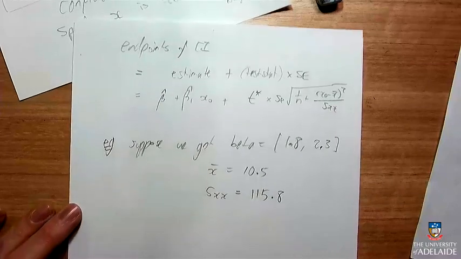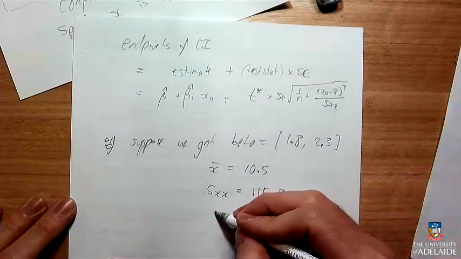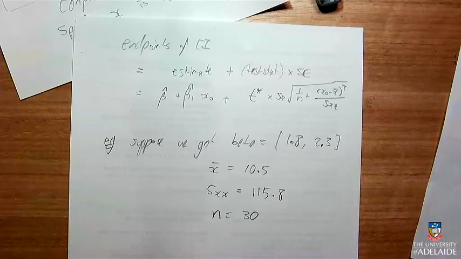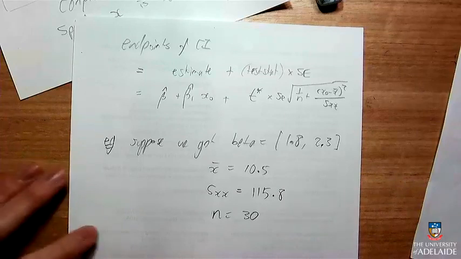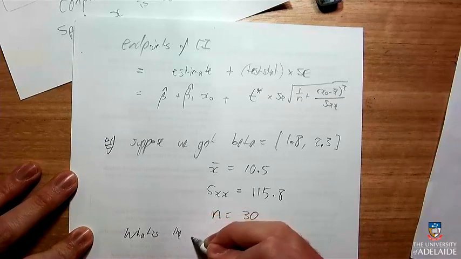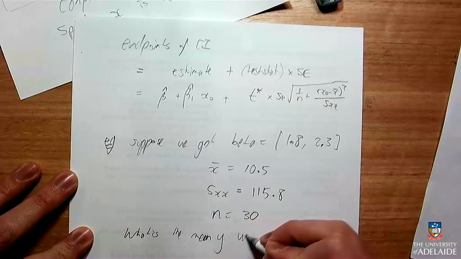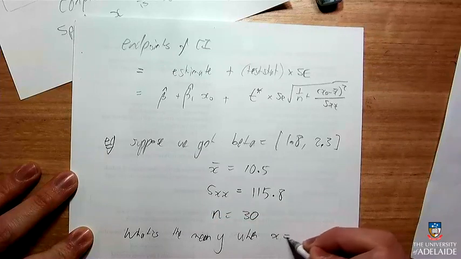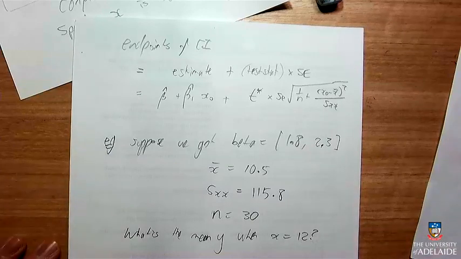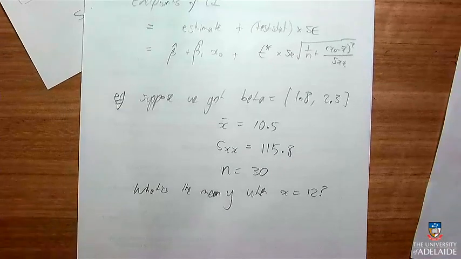All right. Suppose this was what I got from my data. And I'm interested in what's the mean y when x is, I don't know, 12? No good reason, I'm just picking something. Okay, so to answer that I would do a confidence interval.